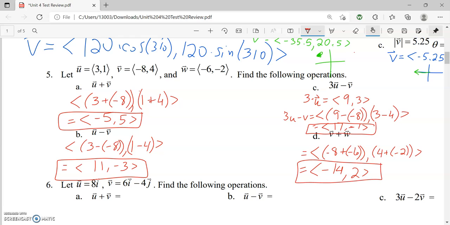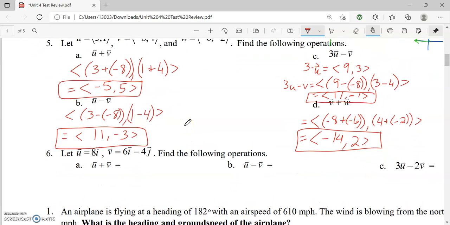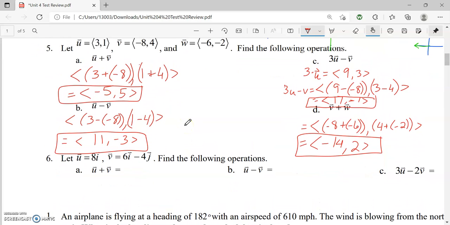There you go. So again, those are pretty straightforward. I don't think it's terribly difficult.